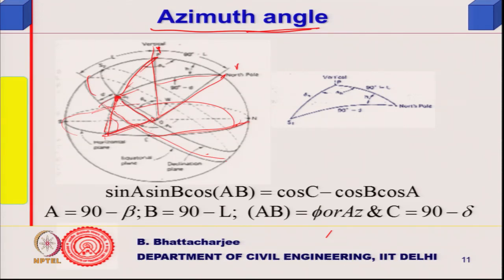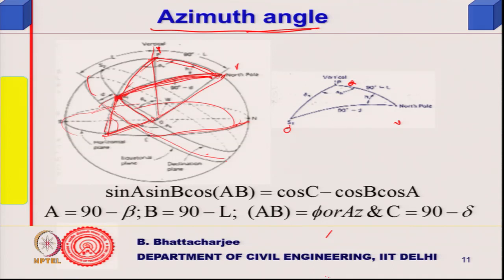So the points I am interested in are the sun's point, the vertical and the north pole. This is the spherical triangle I am looking at: this is the sun's position, this is the north pole. What is this angle? North pole to sun is 90 degree minus delta.